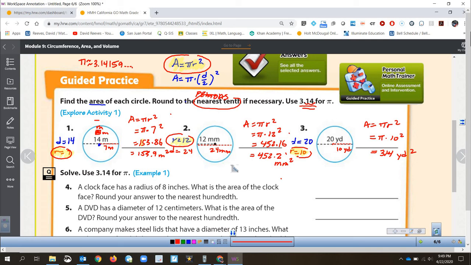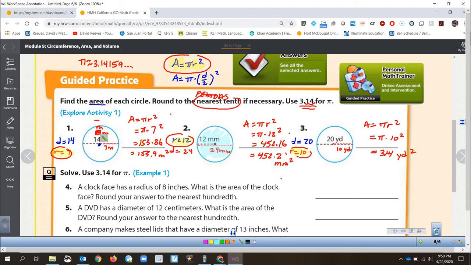All right, so just to review, if you want to find the area of a circle, what are you doing? You're finding the amount of space it takes to actually fill in that circle, and you're filling in that circle with a bunch of little squares, and the squares have the units that go with it. So this one would be square meters, square millimeters, square yards. The formula that you use to find the area is pi times the radius squared.